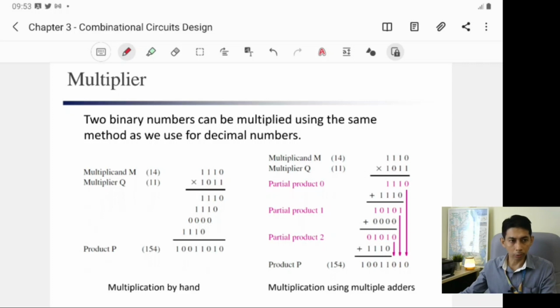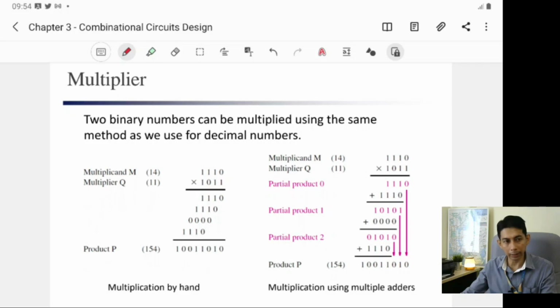So this is how we do multiplication. For example, we have two numbers, and the first one we call the multiplicand M, and the second number we call the multiplier Q.